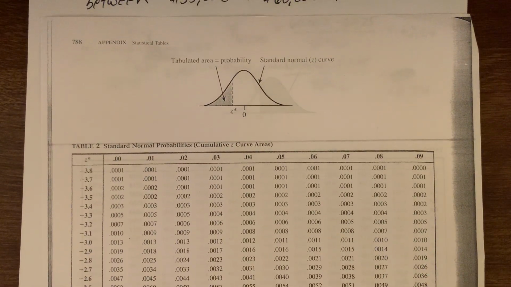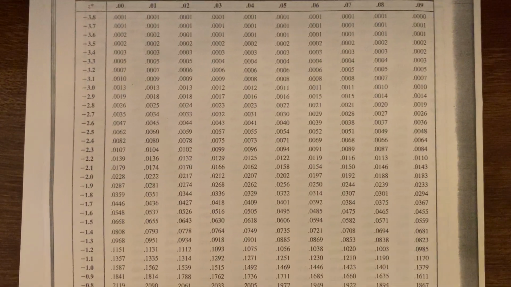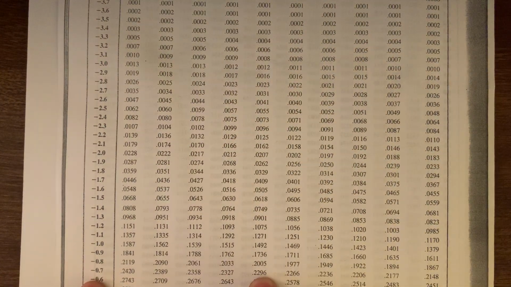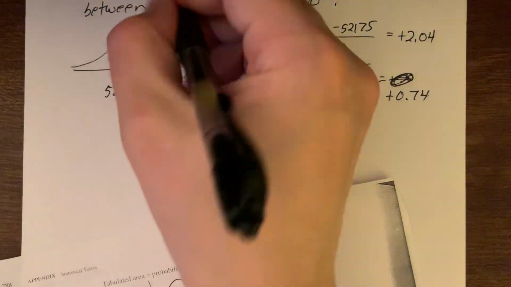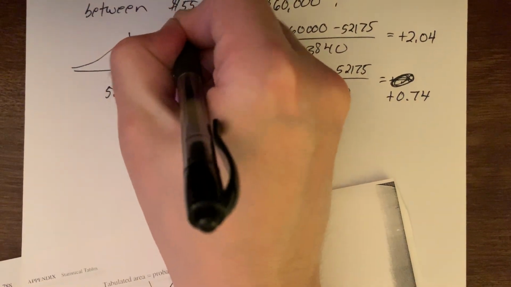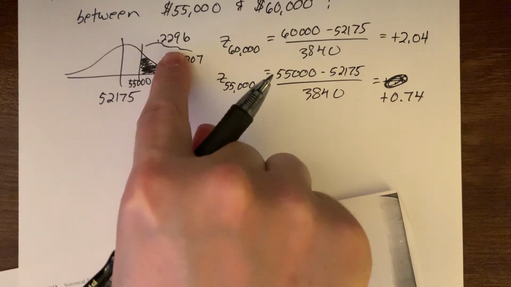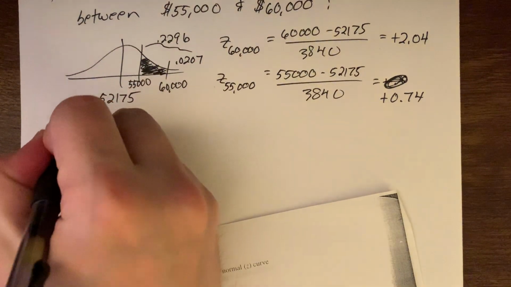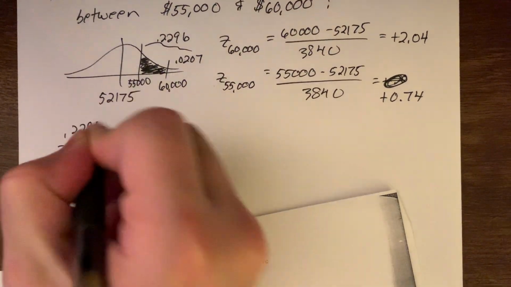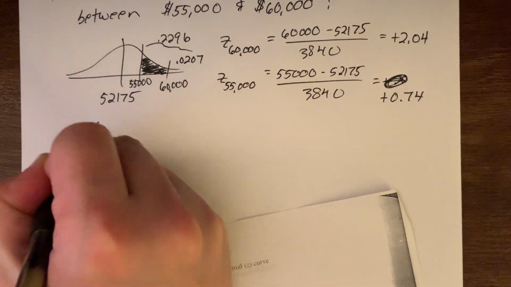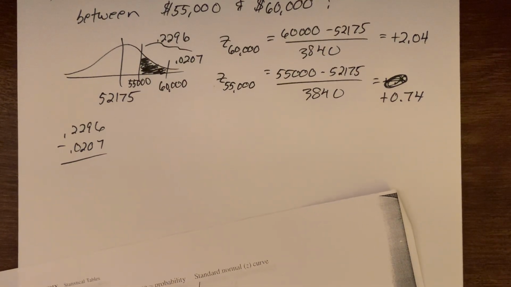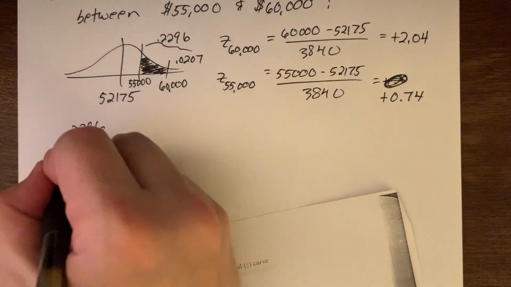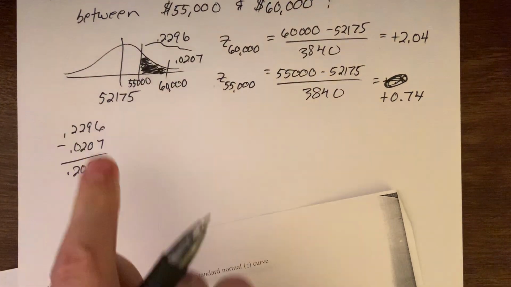So the positive 0.74, I'll look up the negative 0.74, 0.2296. But that covers all of this, and this minus this. 0.2296 minus 0.0207, I get 0.2089.